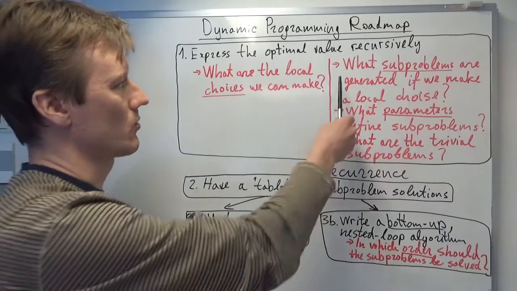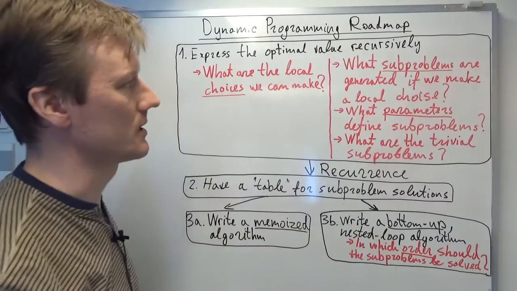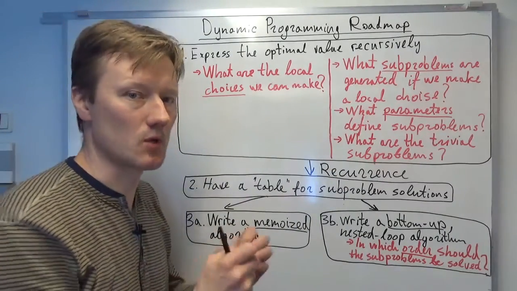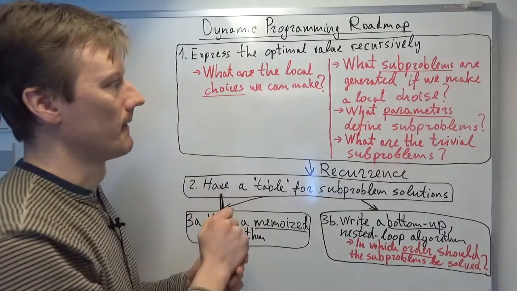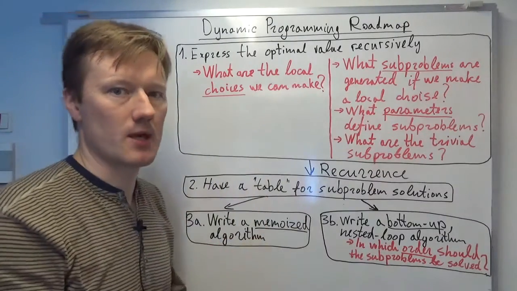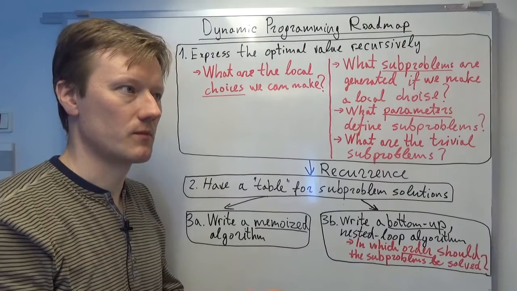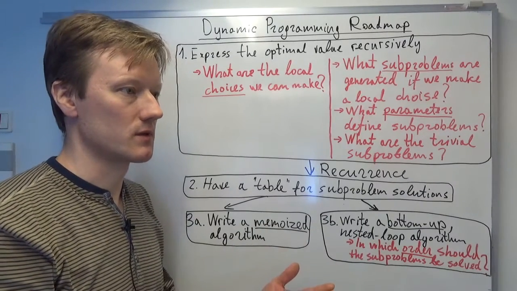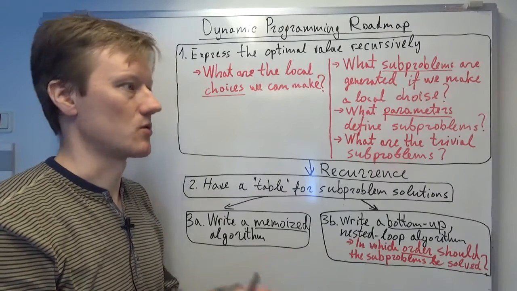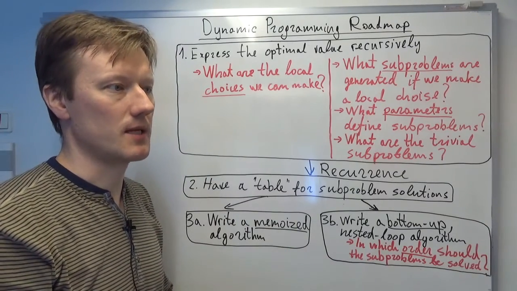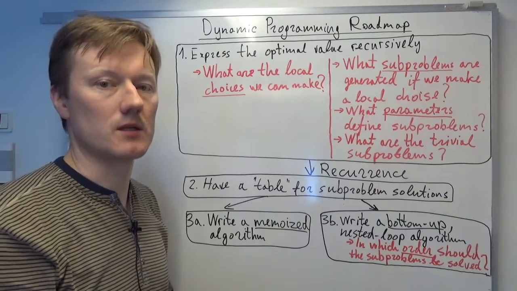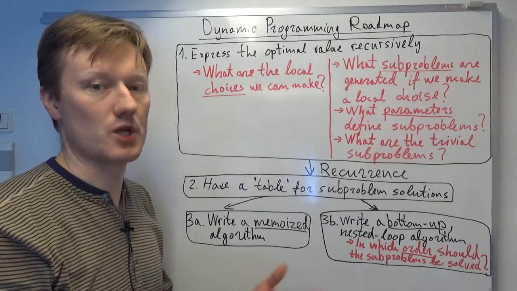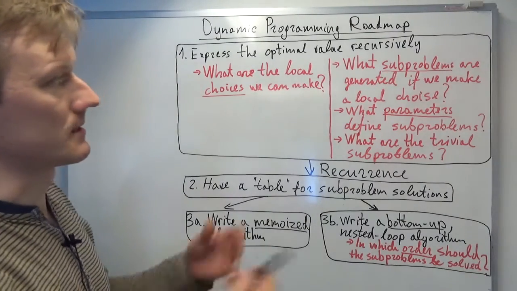So you have to ask the question, what subproblems are generated if we make some local choice? In this case, if we make a choice of taking a 10 krona coin and we have a 12 krona amount, this means that there remain 2 krona that we have to change. That is the remaining subproblem.